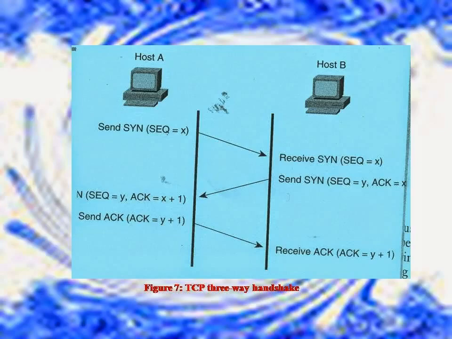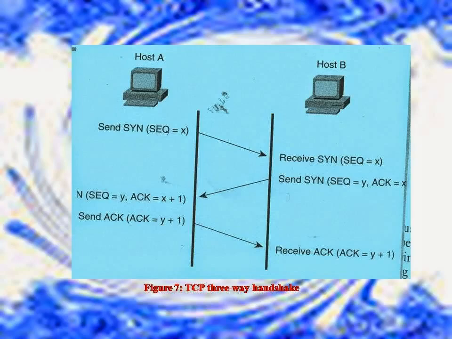In this figure 7, the TCP hosts establish a connection-oriented session with one another using a three-way handshake. First, one host initiates a connection by sending a packet indicating its initial sequence number of X with a certain bit in the header to indicate a connection request.